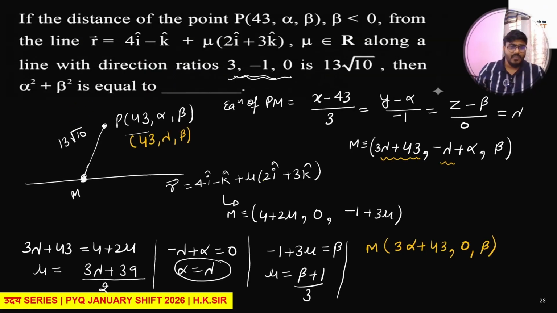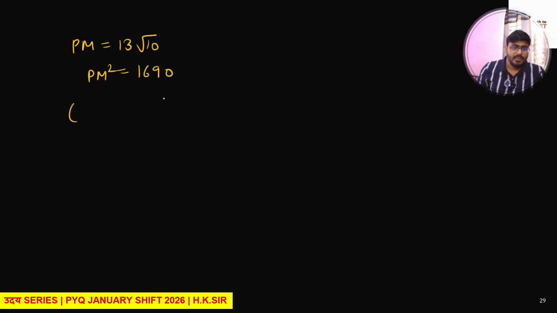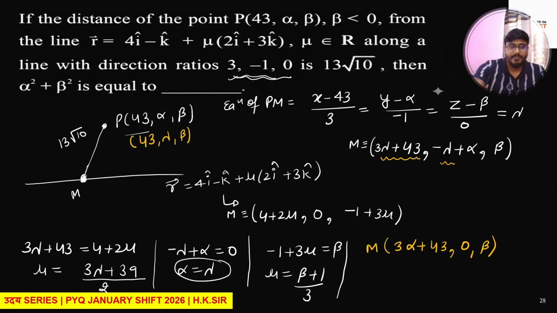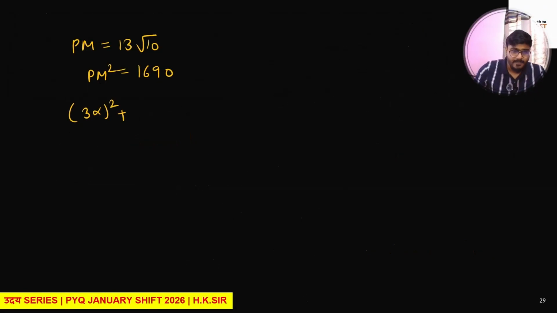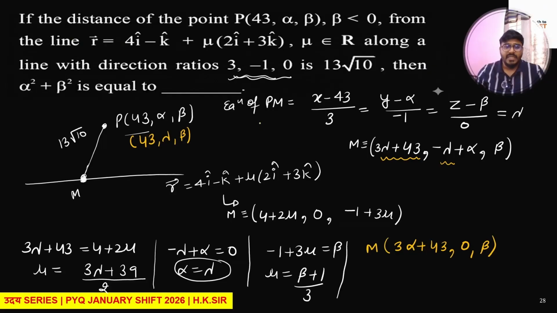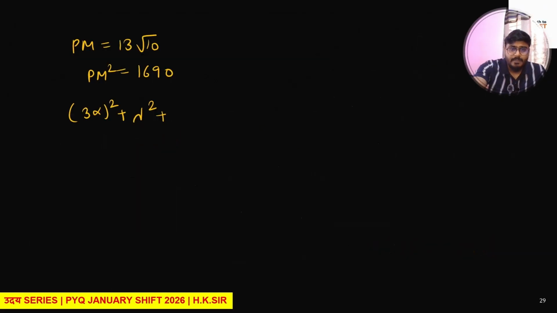Look, 43 minus, okay, this minus this, 3 alpha plus 43 minus 46, so 3 alpha whole square, plus this is 0 minus lambda whole square, so lambda square, plus beta minus beta is 0, square, equal to 1690.